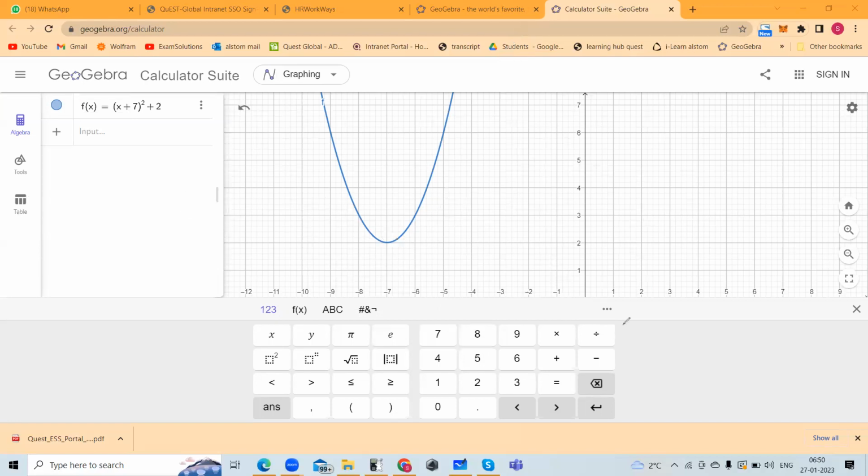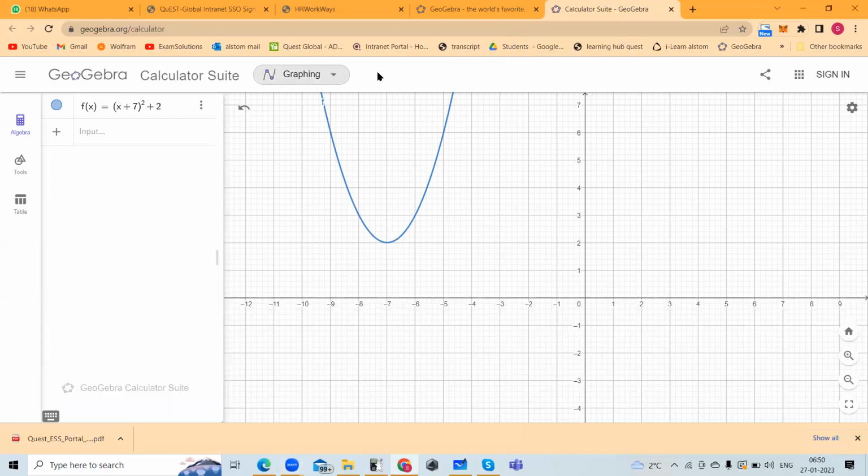So let's do it again. I want a parabola which is here. First of all, I need to know the coordinate of the vertex.